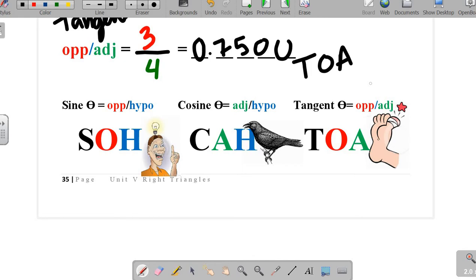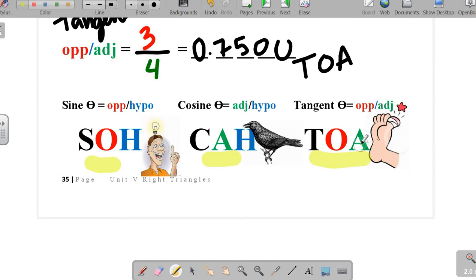The acronym we use for that is SOH CAH TOA. The way you're going to remember it is: SOH, like you're someone who just had a bright idea. CAH, like a crow. CAH, CAH.